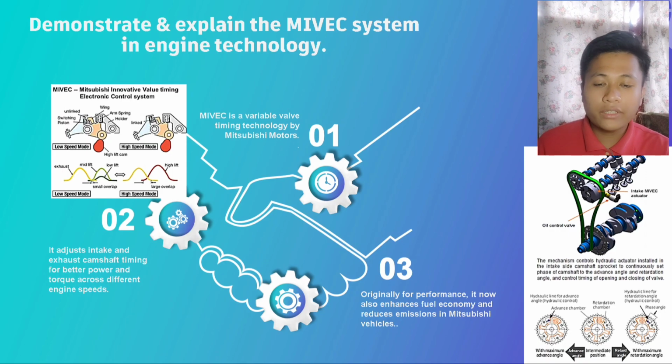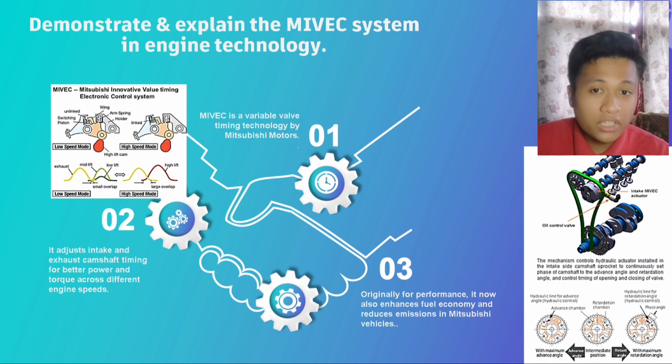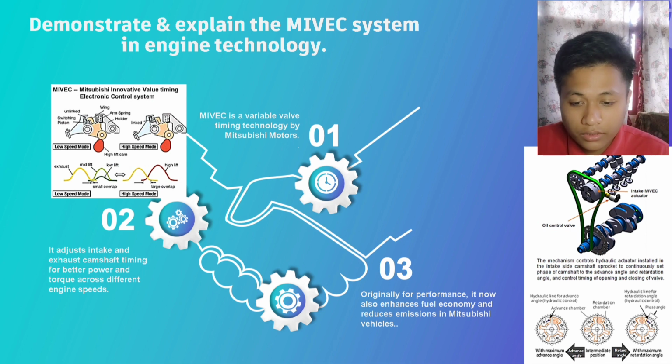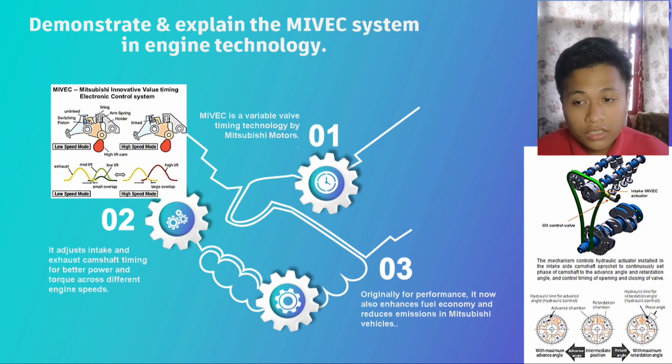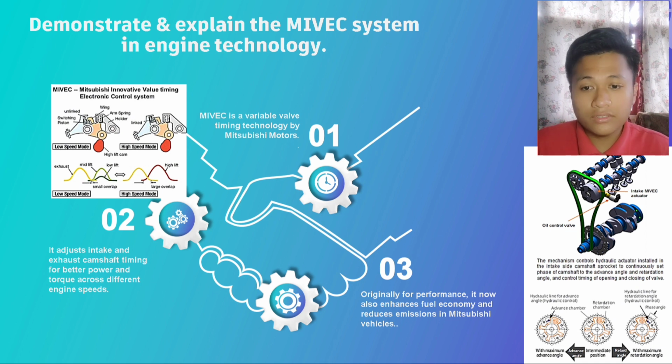Demonstrate and explain the MIVEC system in engine technology. The MIVEC system, or Mitsubishi Innovative Valve timing Electronic Control system, is a brand name of the variable valve timing (VVT) engine technology developed by Mitsubishi Motors.